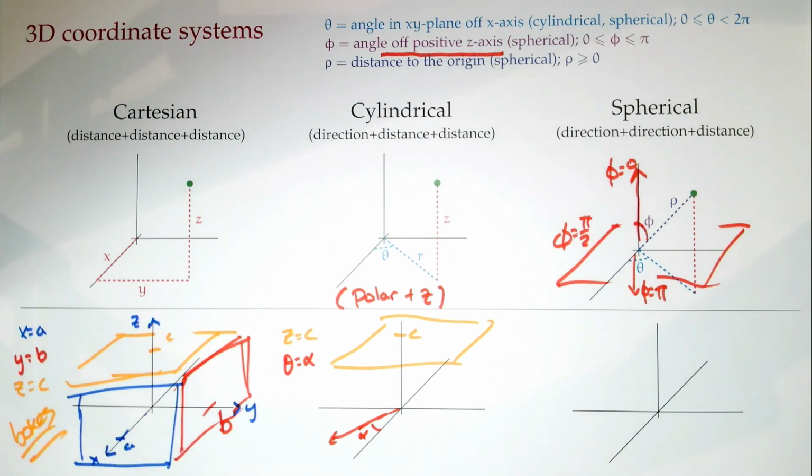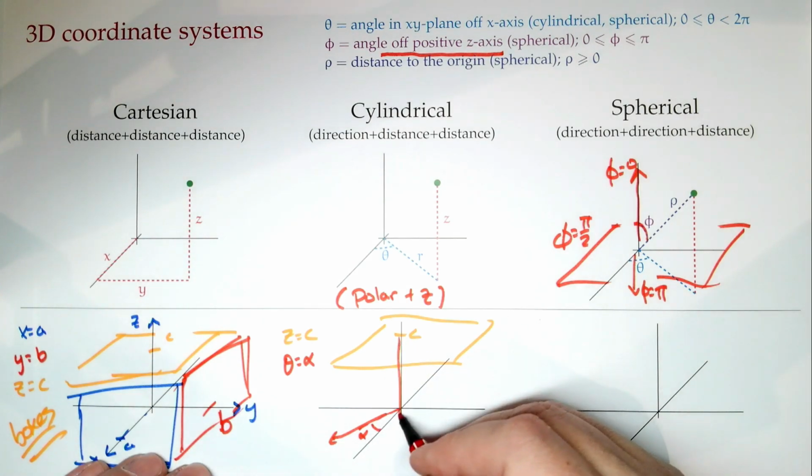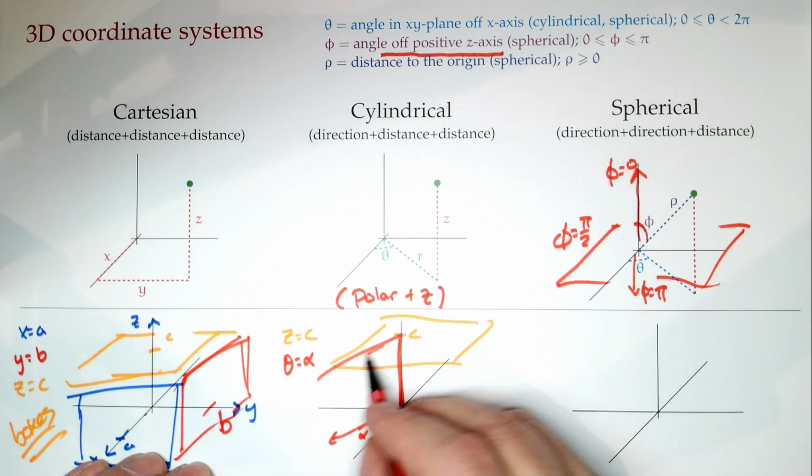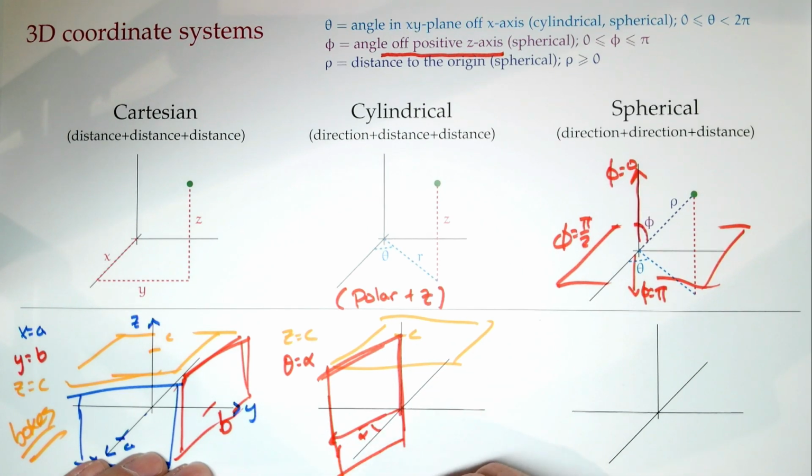Now, when I say theta equals alpha, you might notice I make no restriction on z. I make no restriction on r. So the result will be all the points where I have alpha. And what you get is actually something a little bit less than a plane. You get a half plane. The reason I say a half plane is because that angle coming out on the other side is not alpha. It's a different angle. Of course, that assumption is based off of r being positive, which I think is okay for us to assume.